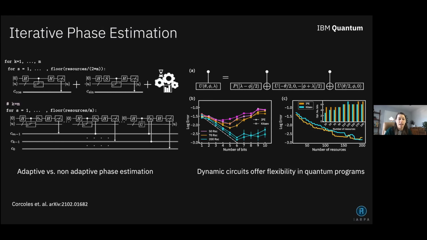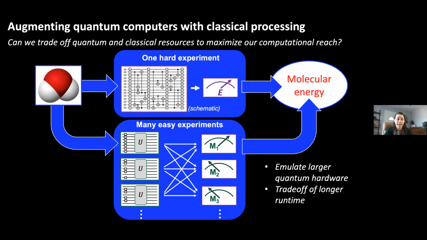One is iterative phase estimation, and this incorporates another tool, which is mid-circuit measurement and feed forward, and allows us to do dynamic circuits where we have a classical processing step that happens in real time within the circuit. Obviously that's important for quantum error correction, but it also gives us a lot of flexibility in the near term. So I'll just highlight that.